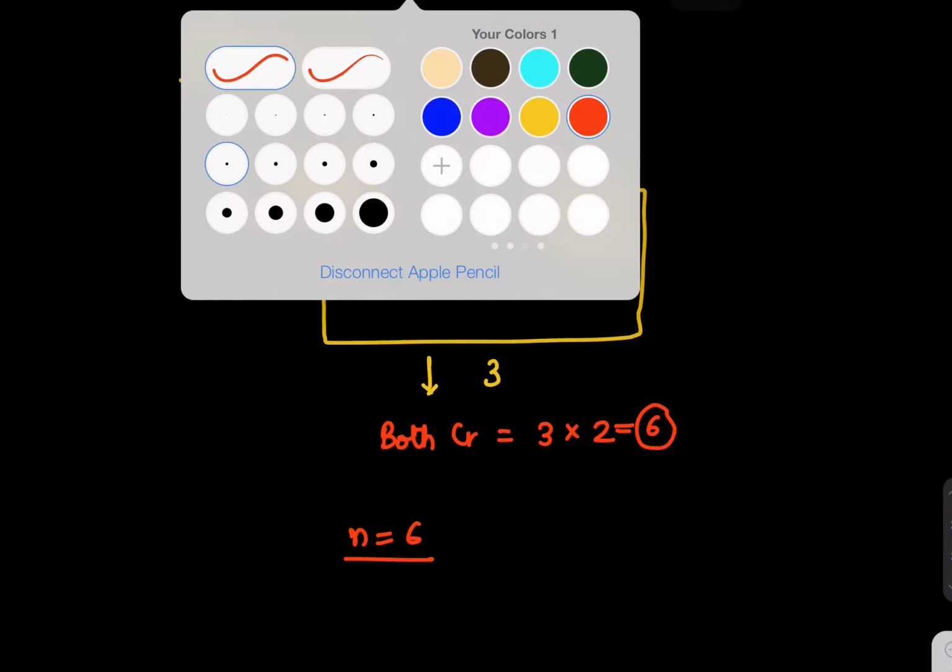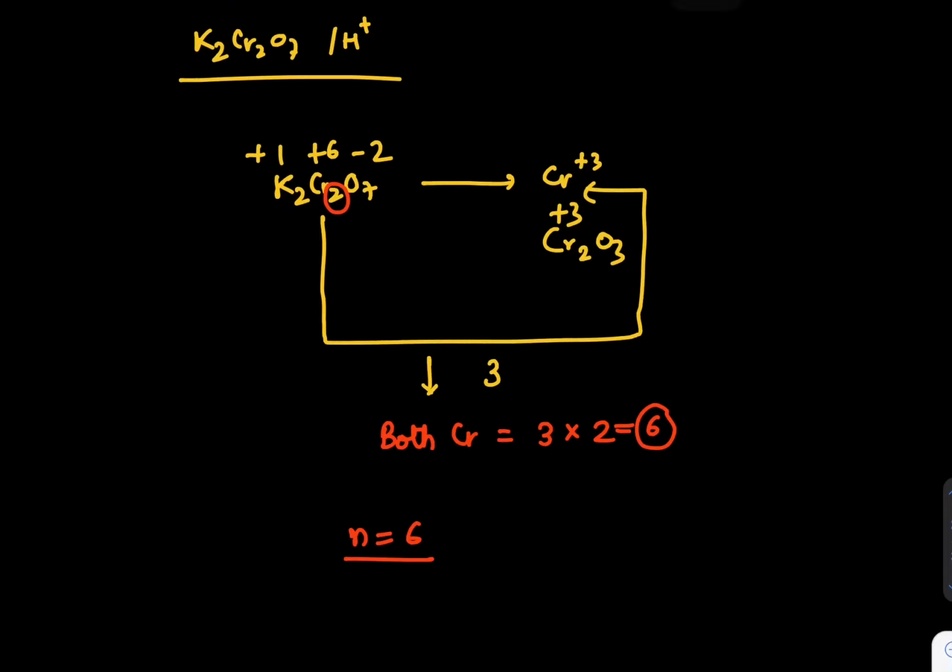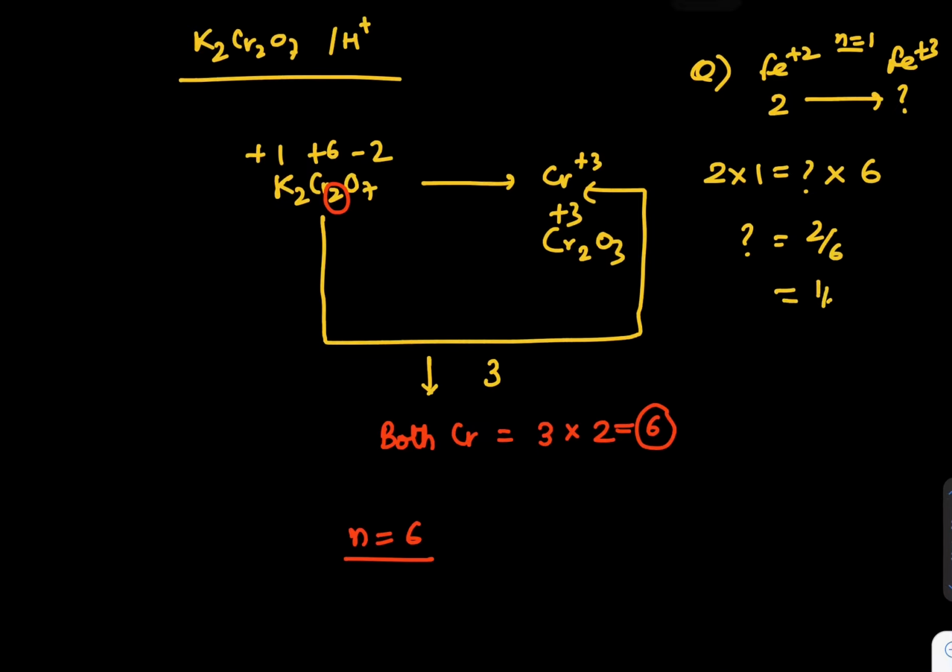If the same question comes for Fe+2 becoming Fe+3, and let's say this was 2 moles and this is to be solved with K2Cr2O7, what will be your answer? N factor is 1 for this, 2 into 1, moles are unknown, N factor is 6 for this, so what does the equation give? 2 by 6, that's 1 by 3.